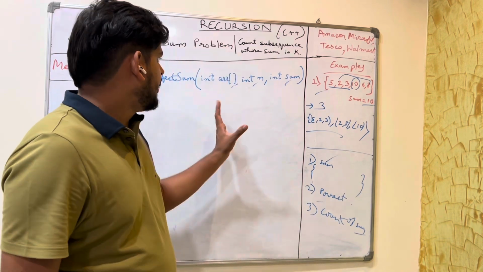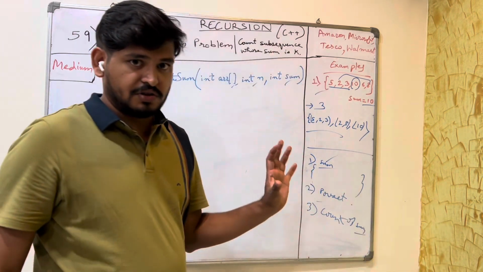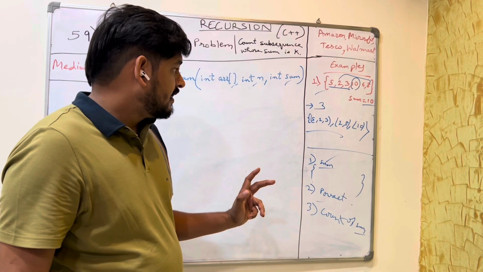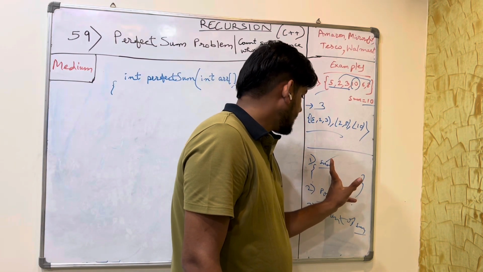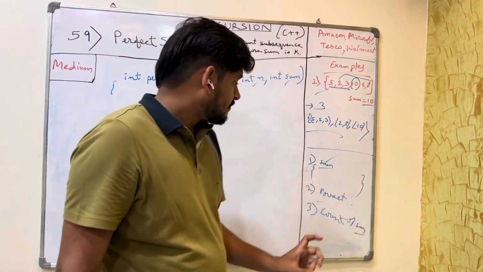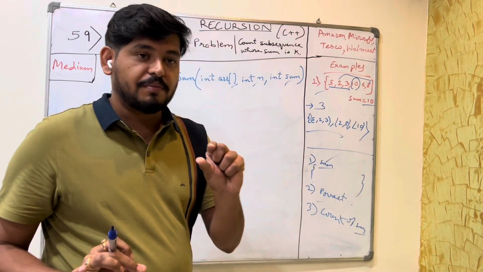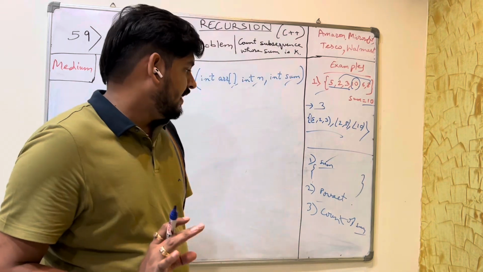How can we approach this solution? Once we find all the subsets, we need to count every time whose sum is 10 or not. So both ways it won't be a very good idea, right?